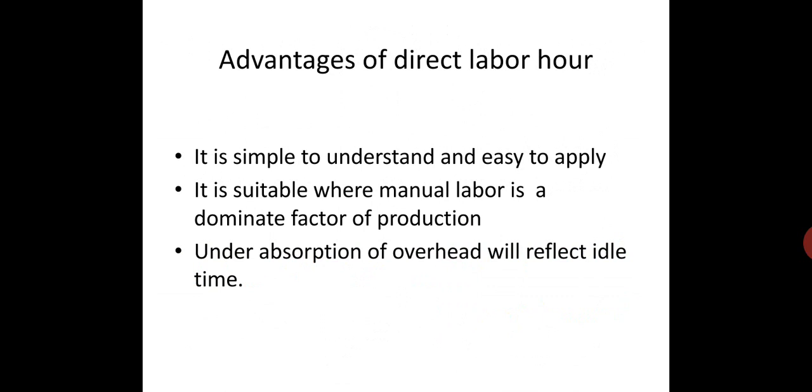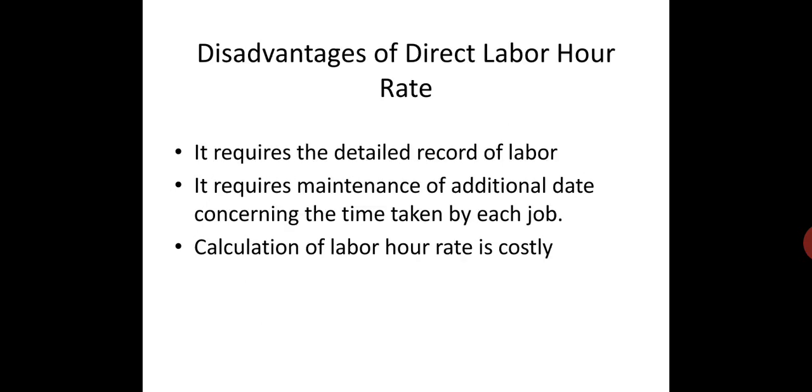Advantages of this method: it is very easy to understand and easy to apply. It is suitable where manual labor is a dominant factor of production. Under absorption of overhead will reflect idle time.